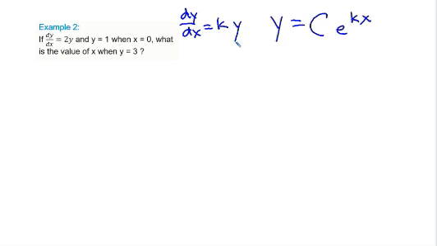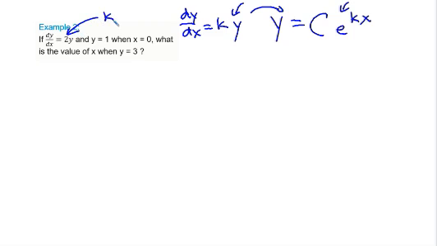If you ever forget this piece here, if you remember this piece, you can always do the work and get back over to here. Now what I want you to see on this problem is that this number 2 is my k.